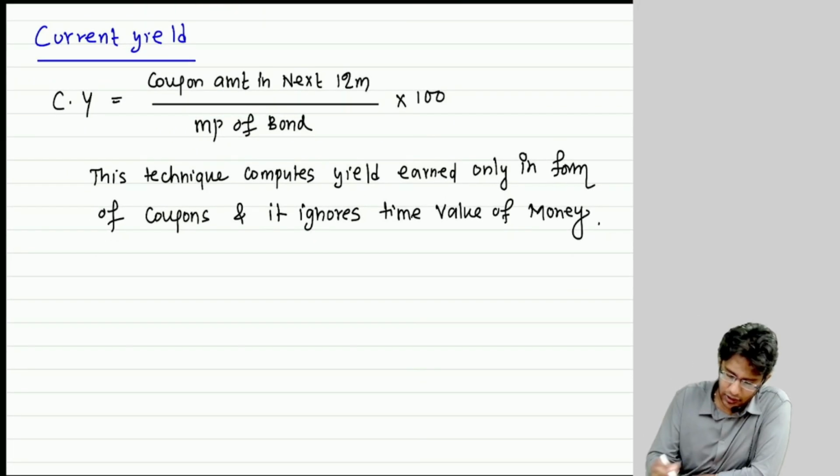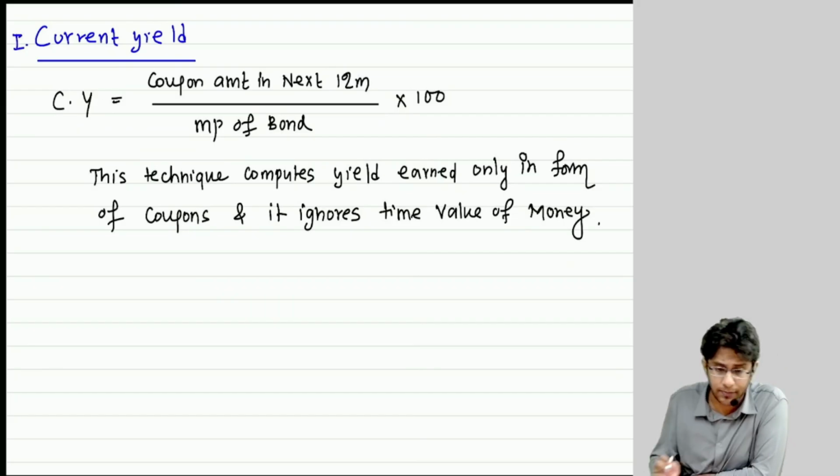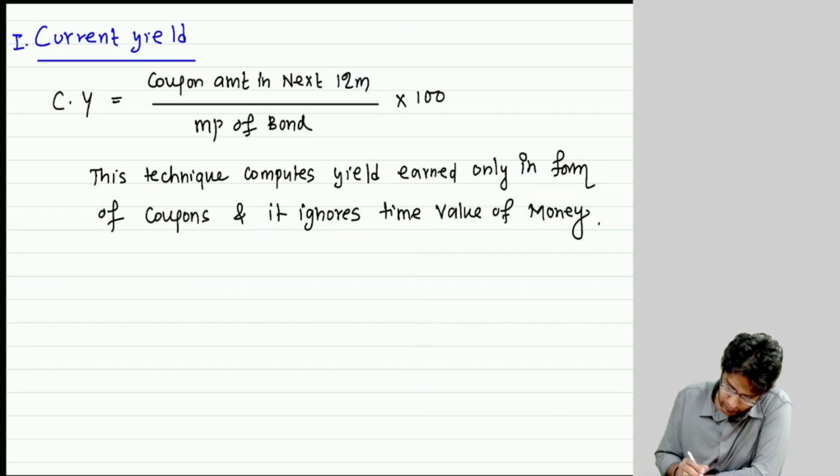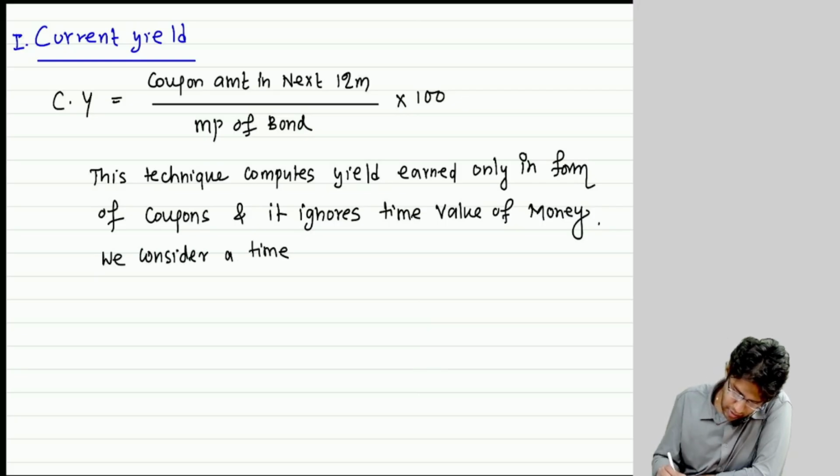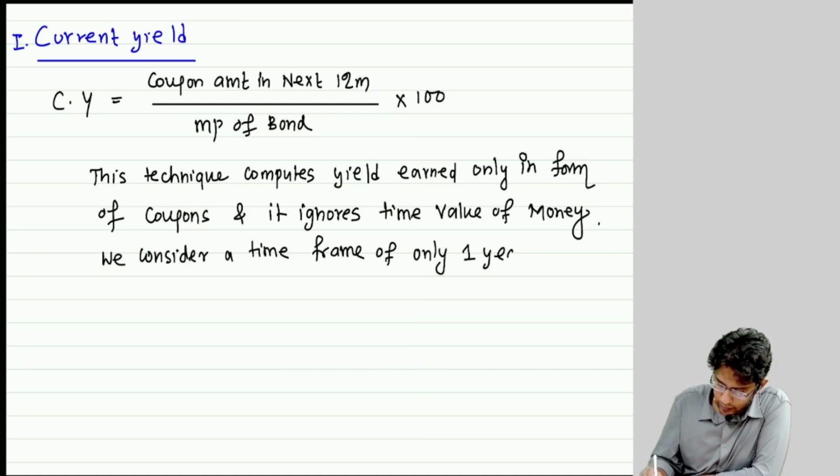It is very important to know that current yield is a simple return and it considers only a span of 1 year. We consider a time frame of only 1 year.